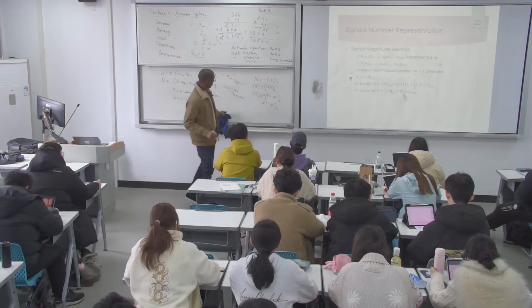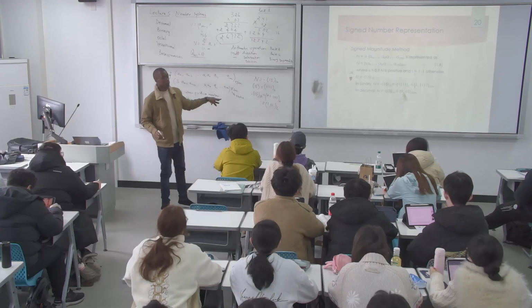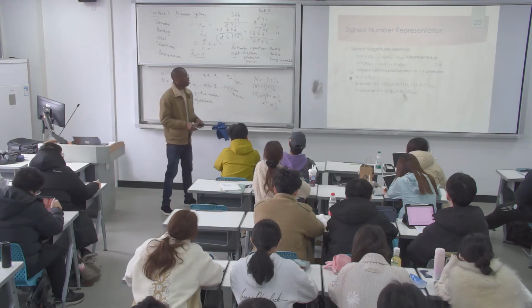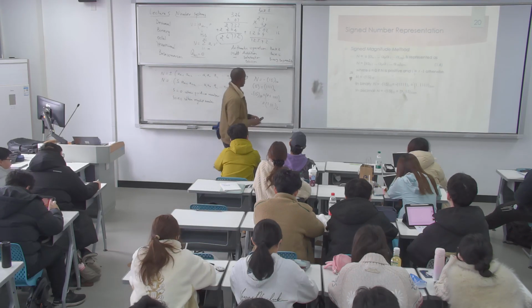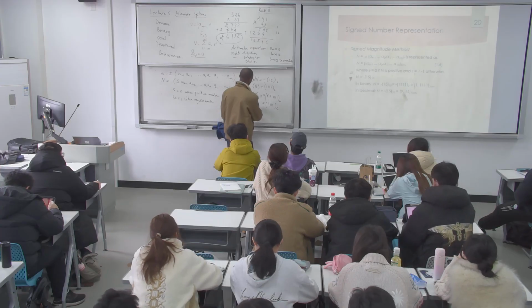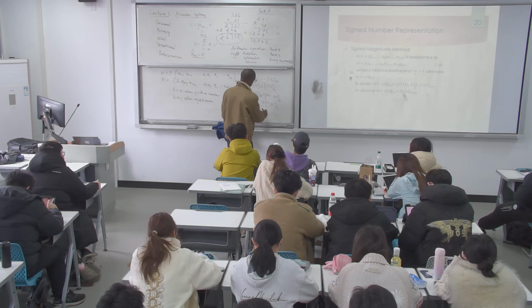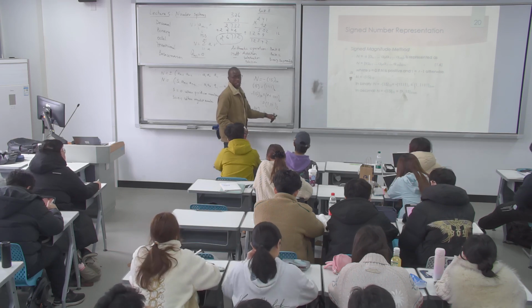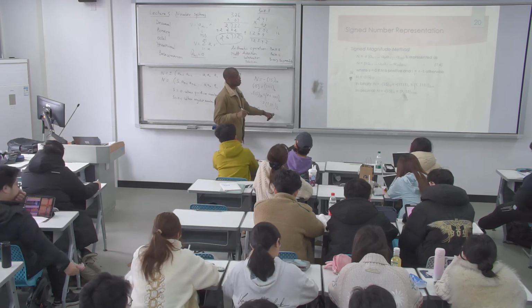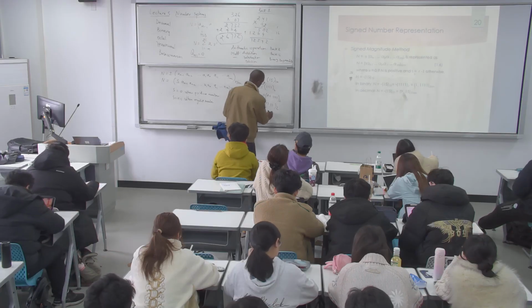Clear? In base 10, if you want to represent this in base 10, we have 10 minus 1 is 9, so we have 9, 15.